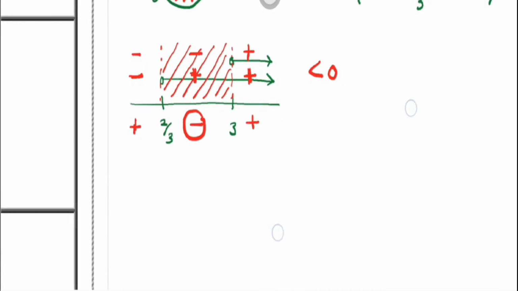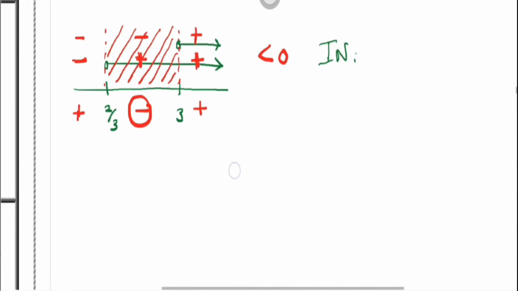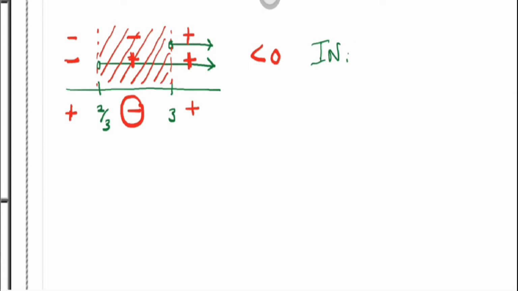Jadi kita boleh tulis jawapan kita in interval notation for this shaded region adalah daripada negatif 2/3 hingga 3. Open, open.